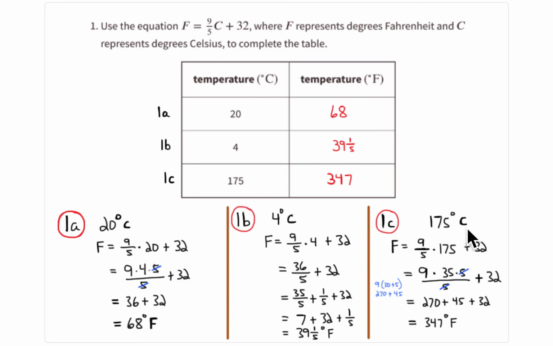175 degrees. So 9/5 times 175 plus 32. Now this is a little bit tougher. What can you break 175 degrees up into so that you can divide it by 5? Any number that ends in 5 or 0 is a multiple of 5, meaning it could be divided by 5.